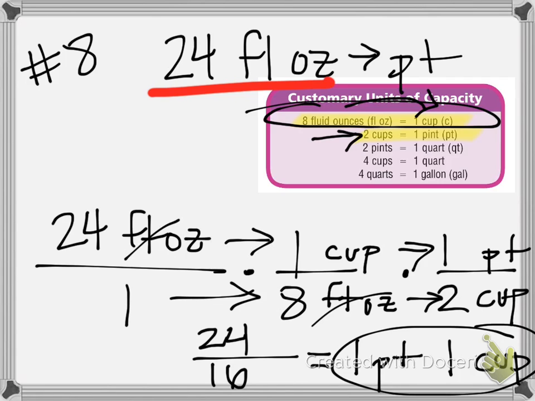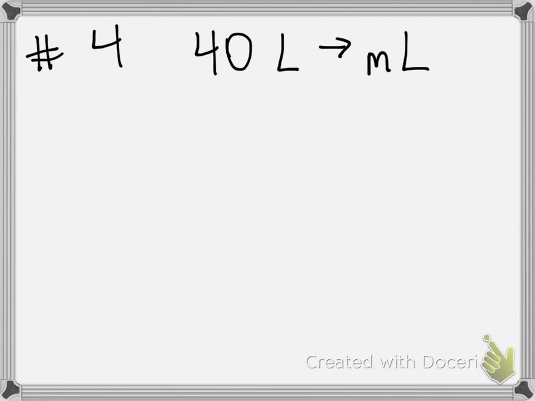Okay, so these are customary units of capacity. Now we're going to take a look at the metric units of capacity. Alright, so let's take a quick look at number 4, where we're going 40 liters to milliliters. Now I know you guys have done this in science before, so this will be just a quick refresher. But really the quickest and most efficient way of converting metrics is using the stair-step method.